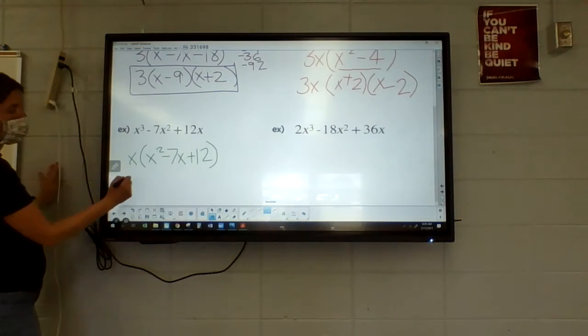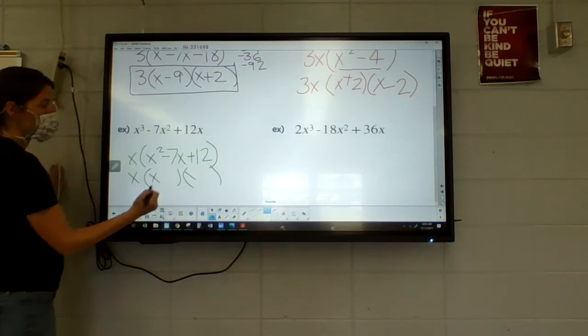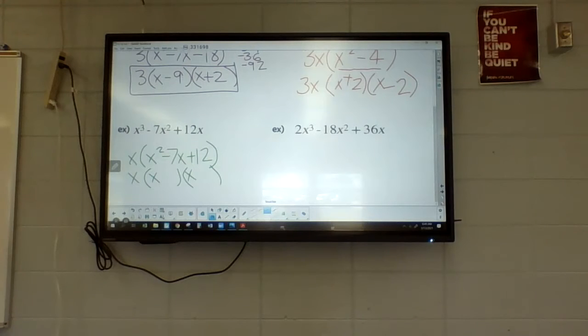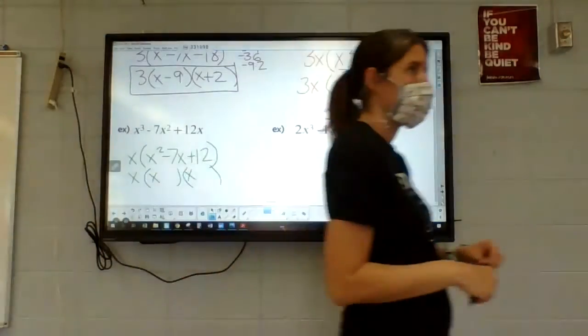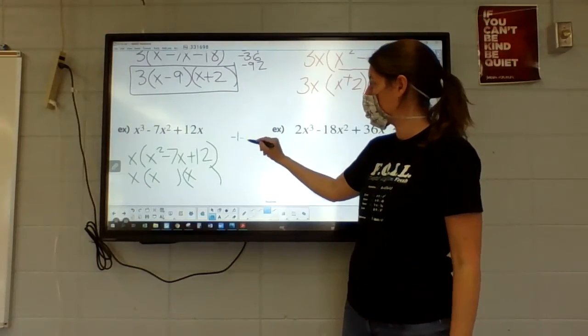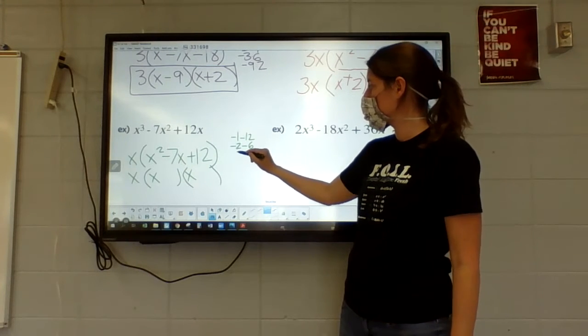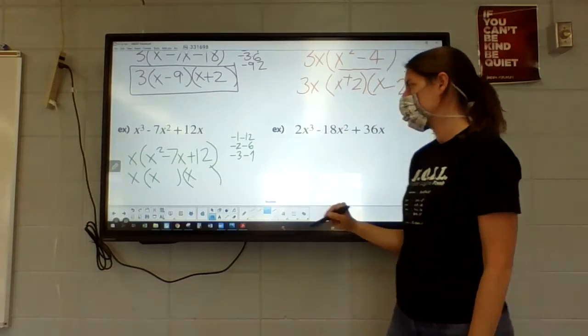So now I can do x times x, and I want to multiply to 12, add to negative 7. So negative 12, negative 1, negative 2, negative 6, negative 3, negative 4, there it is.